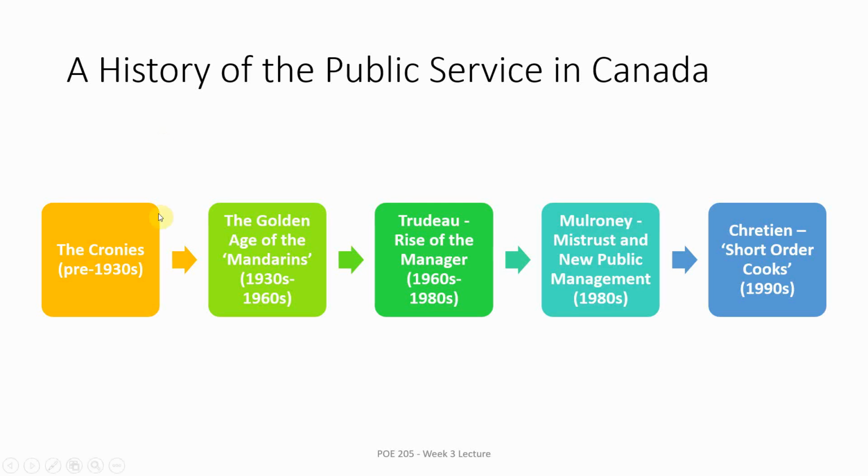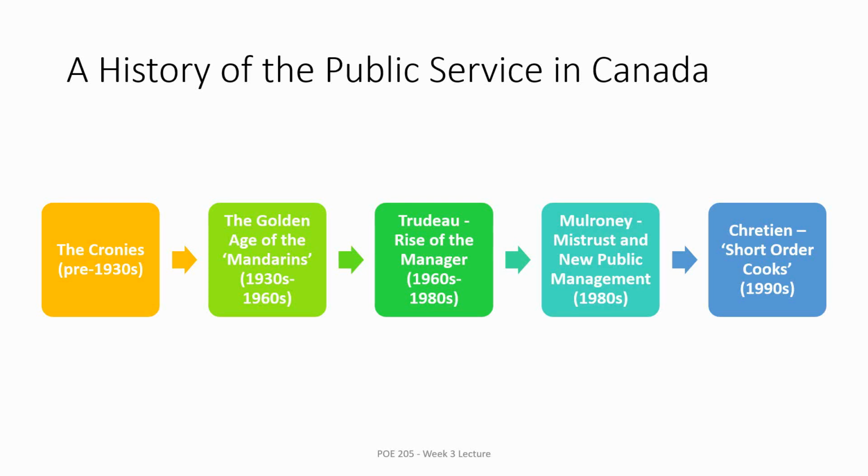So the first stage that we talk about is the crony era. So we call that pre-1930s. It was a pretty low-profile government and low-technology bureaucracy. And so really what just happened was you'd put your best friends in the public service as a means of patronage. So as a means to give a job to somebody who maybe supported you.